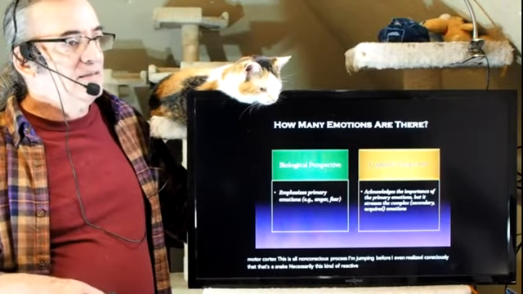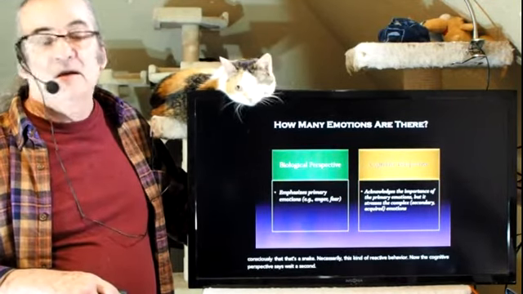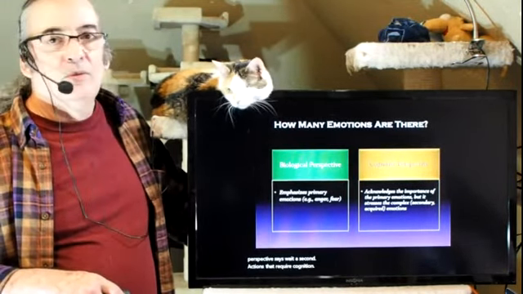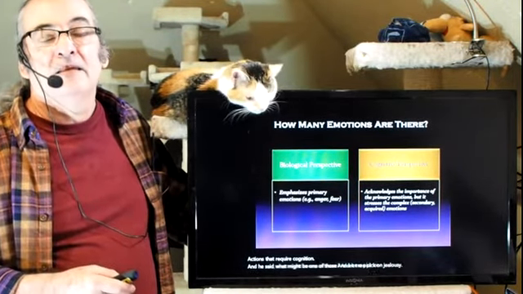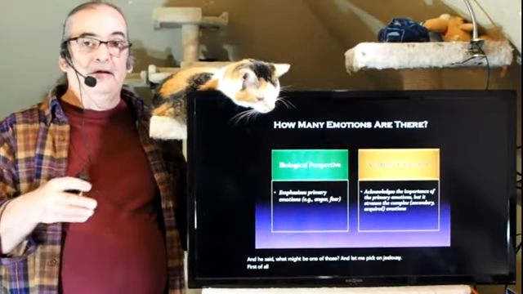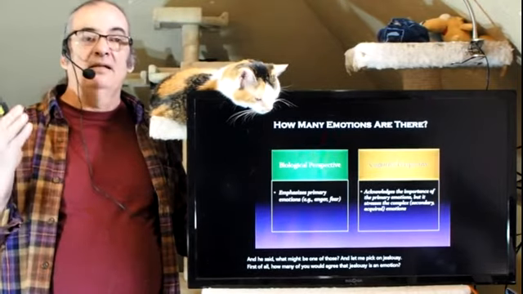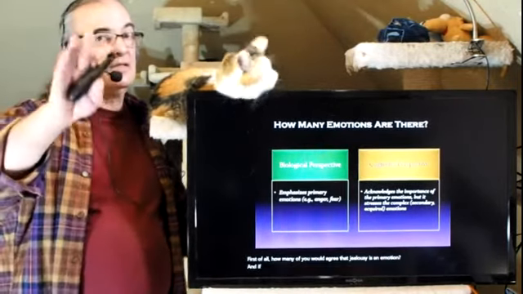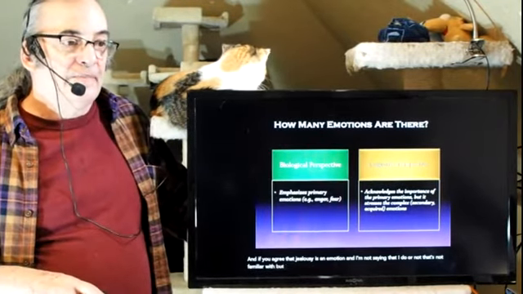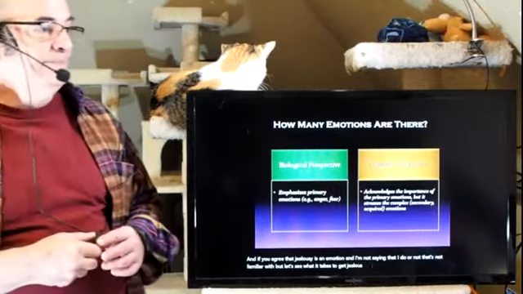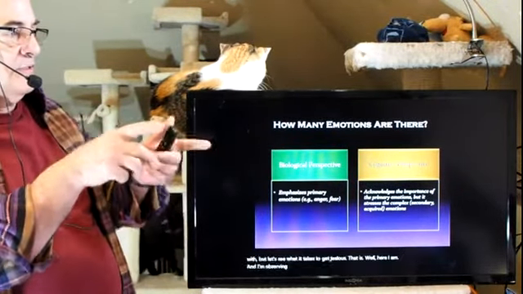Now the cognitive perspective says, wait a second, there are emotions that require cognition. And you say, well, what might be one of those? Let me pick on jealousy. First of all, how many of you would agree that jealousy is an emotion? And if you agree that jealousy is an emotion, and I'm not saying that I do or not, that's not where I'm going with it, but let's see what it takes to get jealous. That is, wow, here I am, and I'm observing an interaction between two people.